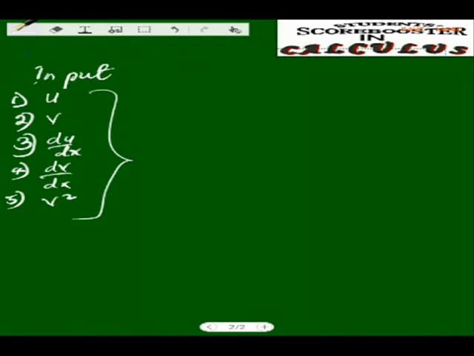So I'm going to delay some of the examples until we get to trig functions. So the way it is, let's take the first example. Let me go to a fresh page.